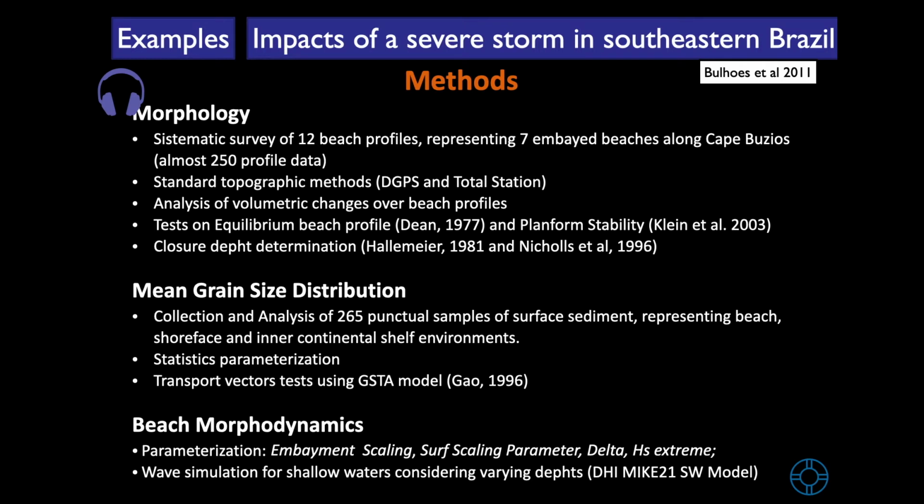And to determine beach morphodynamics, we have parameterized with embayment scaling parameter, surf scaling parameter, delta and omega parameters, etc. We have also made some wave simulation for shallow waters using the Mike 21 spectral waves model.